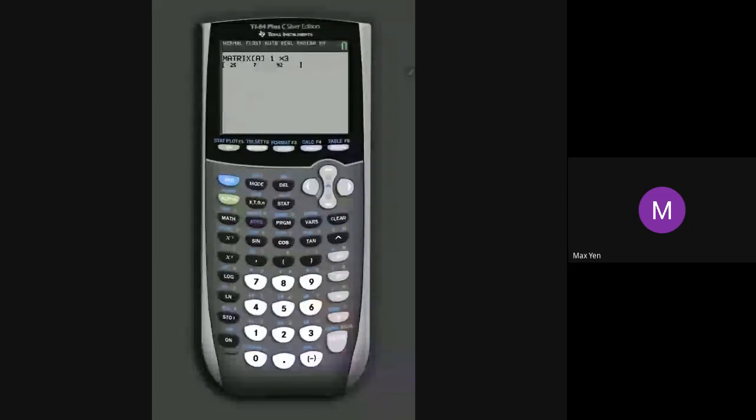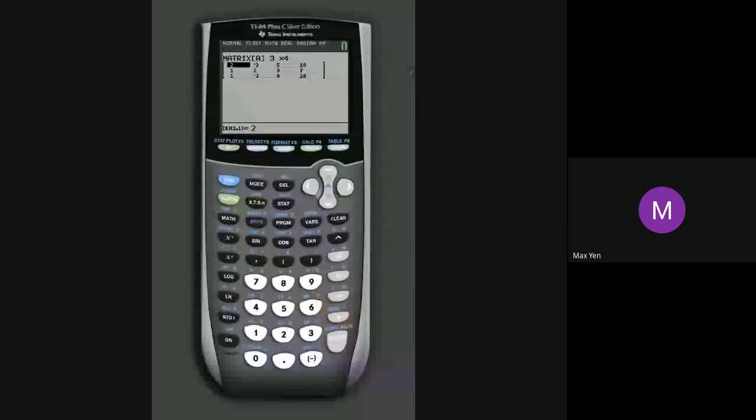I edit this one. I want to make it a 3x4 matrix. Oops, I typed in 3x3. 3x4 matrix. I'm going to type in the numbers I just typed in for the other one, which are 2, -3, 5, 10, 1, 2, 3, 7, 1, -3, 0, 20.